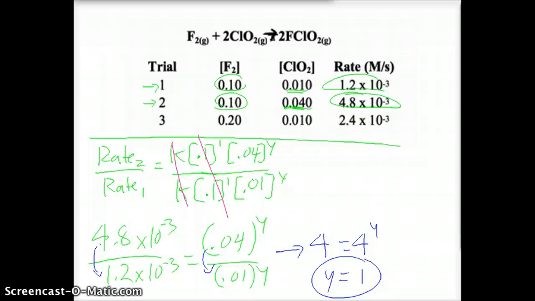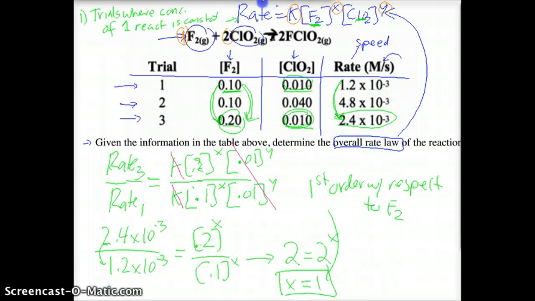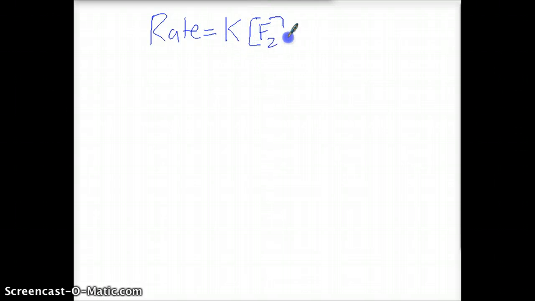What we've done so far, if we go back to this, our goal was to get this equation. We've gotten y, we've gotten x, but we haven't gotten k yet. So what we have here is rate equals k times the concentration of F2 to the power of 1 times the concentration of ClO2 to the power of 1.